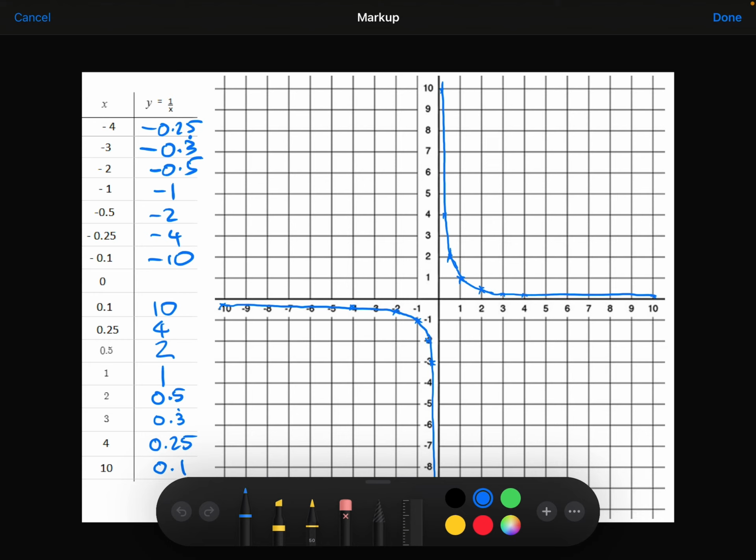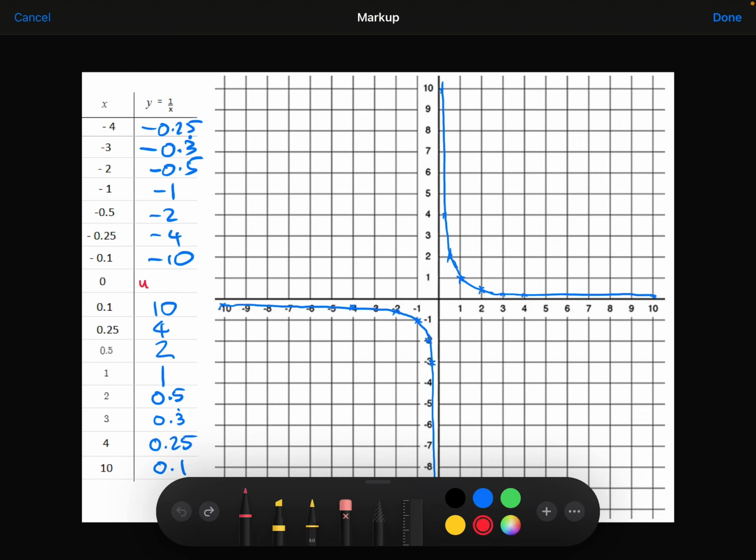There's a couple of really important features that I want to talk about though. First of all, you'll notice on the left hand side here there is a big gap where x is equal to 0. And that's because this function is not defined when x equals 0. If I tried to do 1 divided by 0, I can't do it, it's undefined.